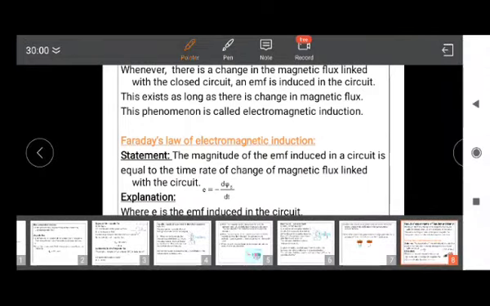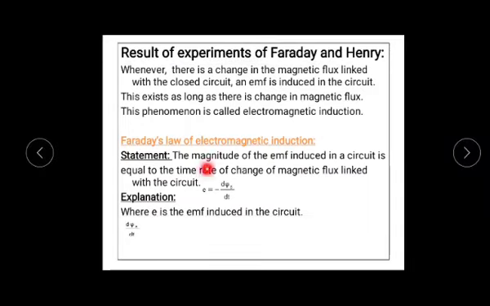Mathematically, the magnitude of EMF is represented by E. E is equal to the time rate of change of magnetic flux. For time you take dt, and the change of magnetic flux is d phi b. So E is equal to minus d phi b divided by dt, which is the mathematical form of this statement.